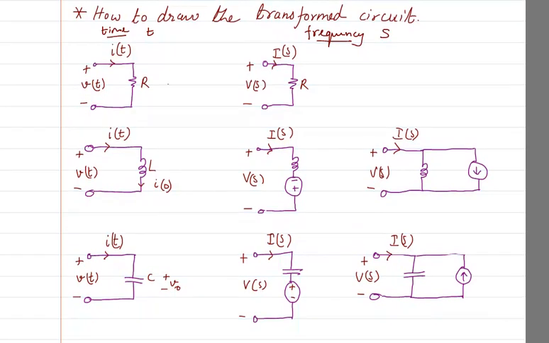We have already seen that if there is a resistor, then the transform circuit is basically R itself. There is no change in the resistance value.